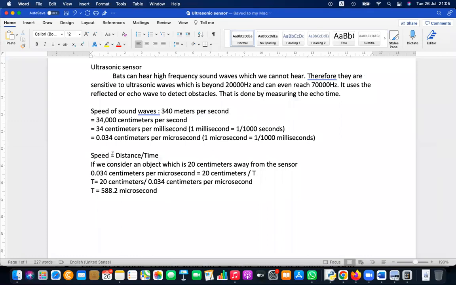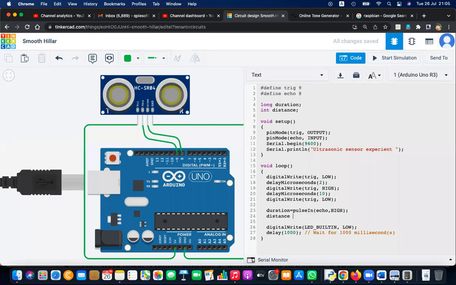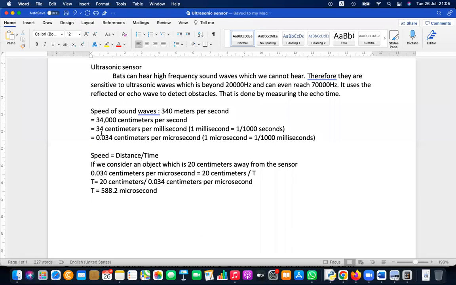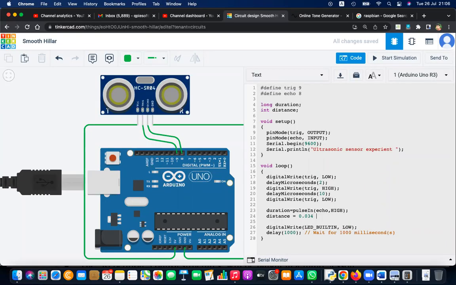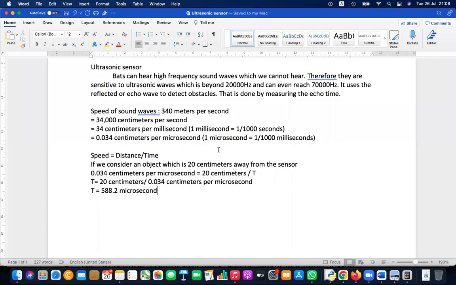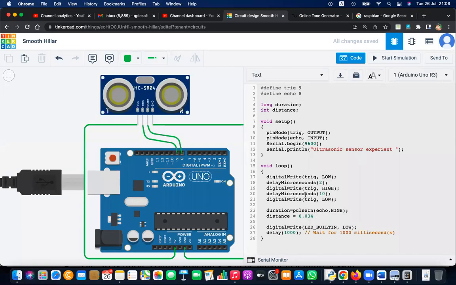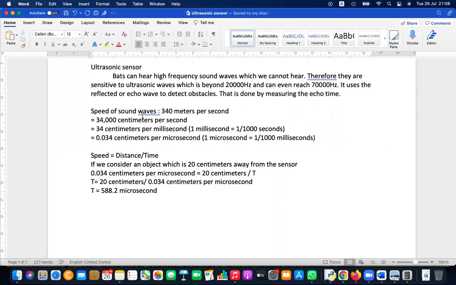Distance equals speed multiplied by time. Speed, you know, is 0.034 centimeters per microsecond. So that is your speed. And then the time needs to be there.